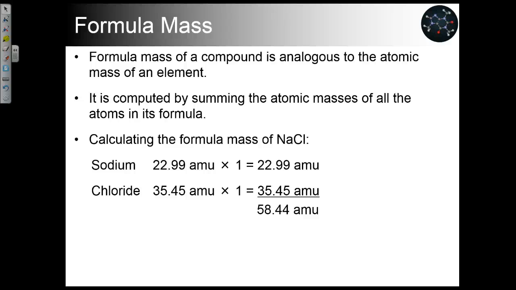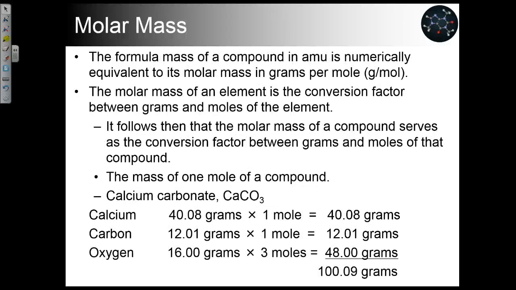Okay, we took its, right, you take the chlorine, 35.45, we add those up, and for this add, so then that per mole. So the molar mass of the compound is the conversion factor between grams and moles.